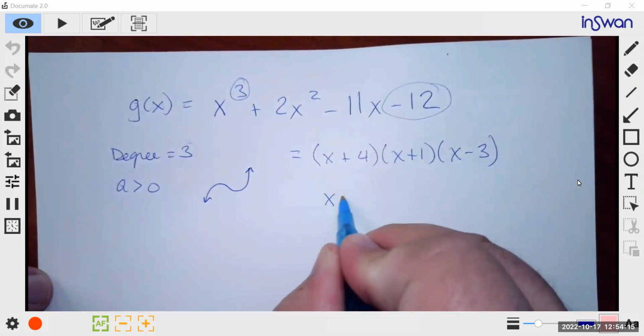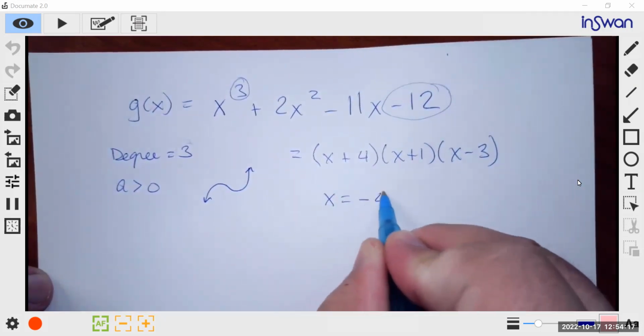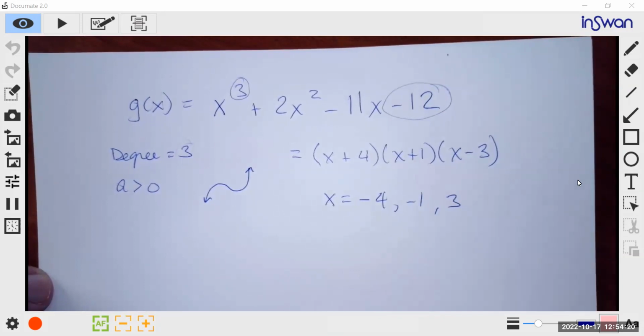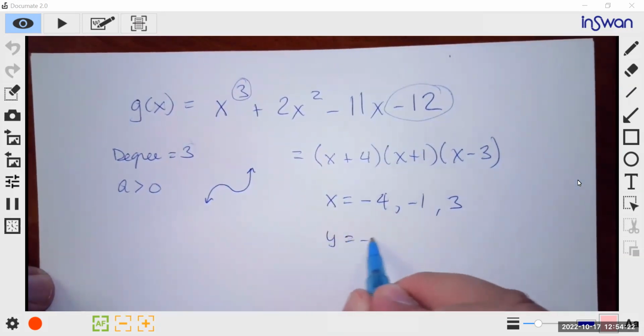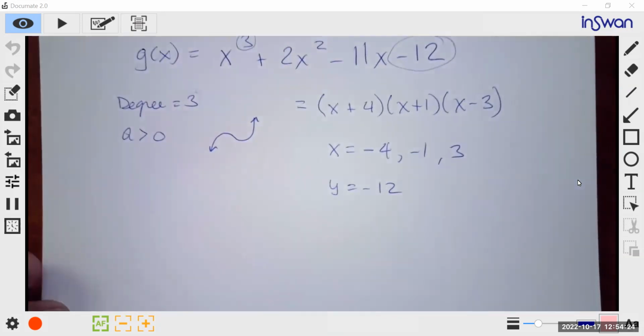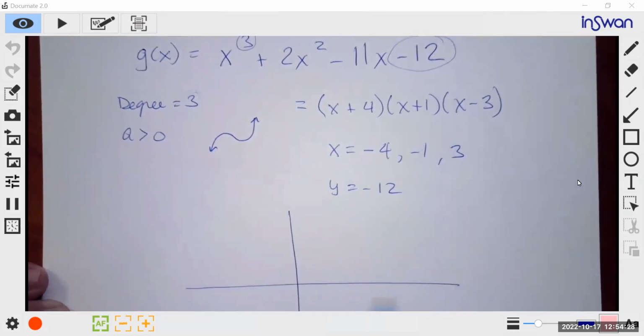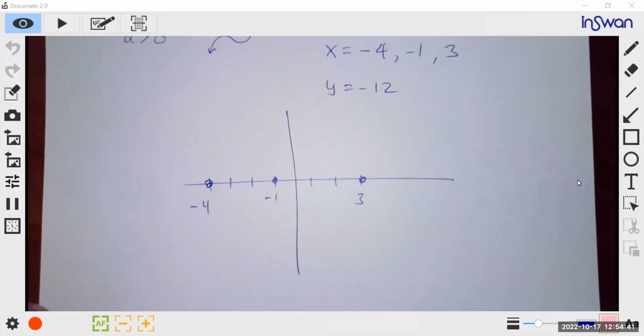What are my x-intercepts going to be? Right. And my y-intercept is at -12.